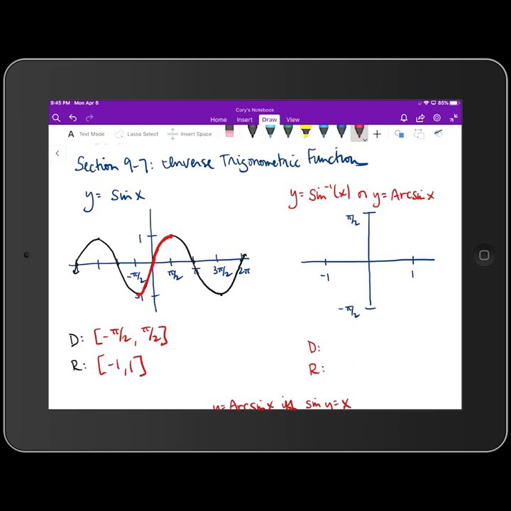Well, when we look at that portion of the sine graph, there are 3 points that lie on that part of the sine graph. We have the ordered pair negative pi over 2, negative 1. We have the ordered pair 0, 0, and that point over here is at pi over 2, 1.